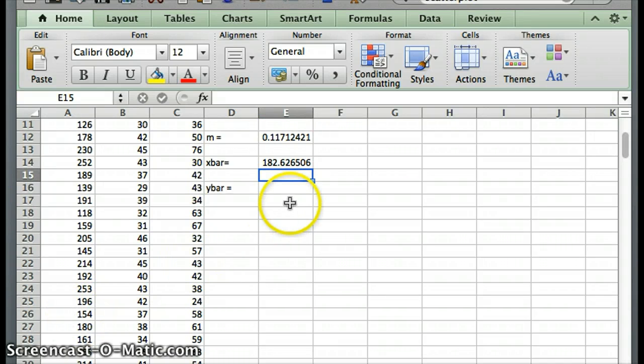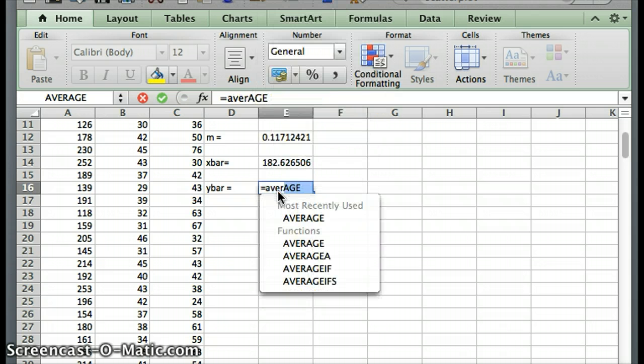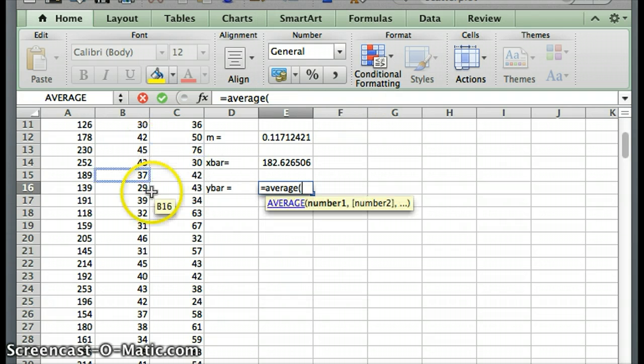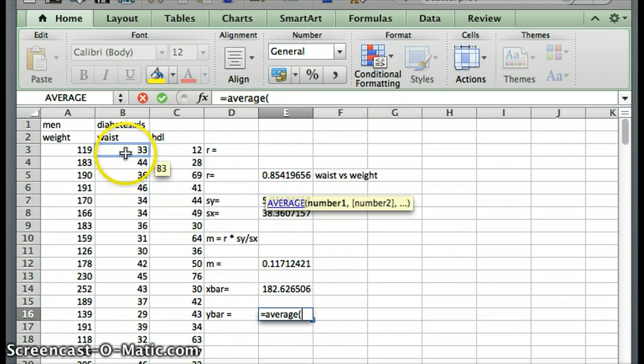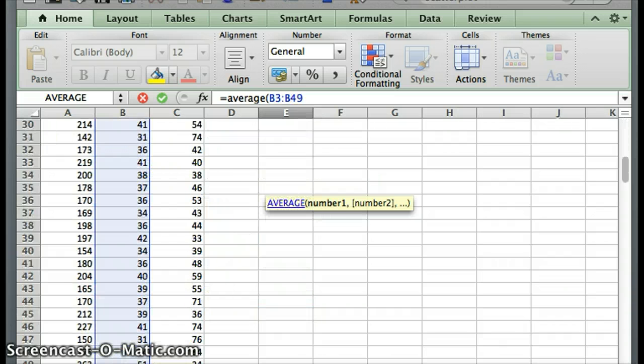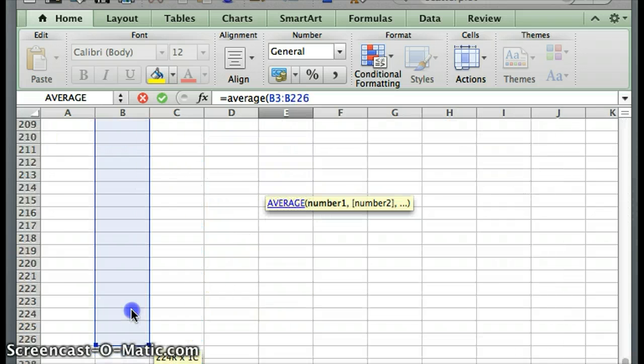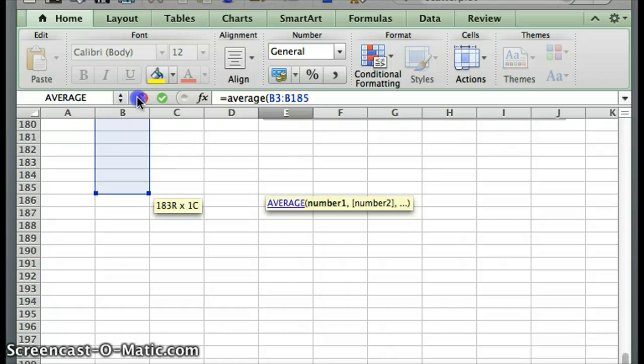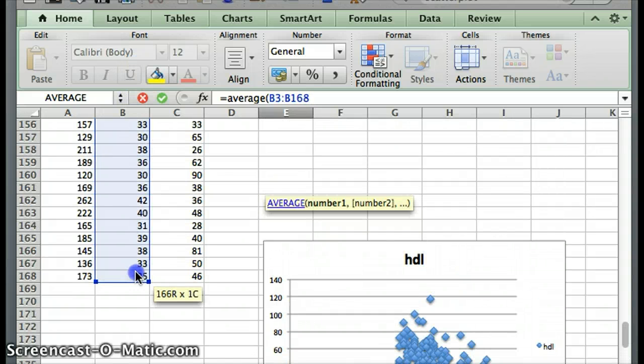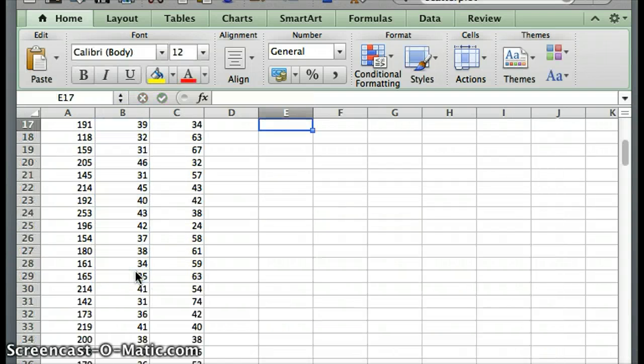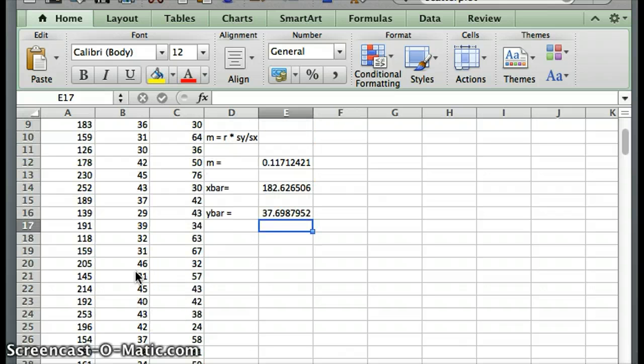And y bar, so the average weight is 182. For y bar, the average waist size will be 37.7, about 38. So we're going to go ahead and use those numbers now to solve for the y-intercept.